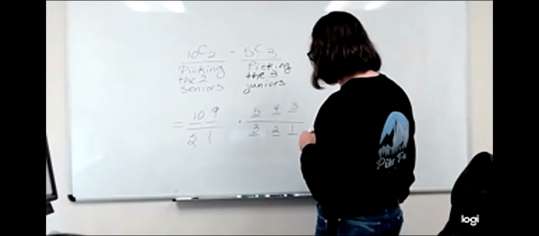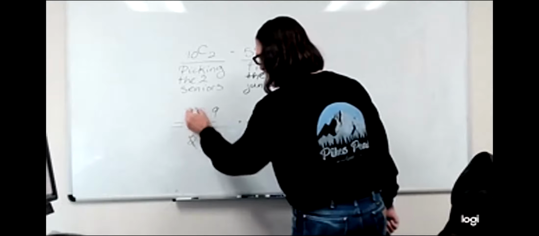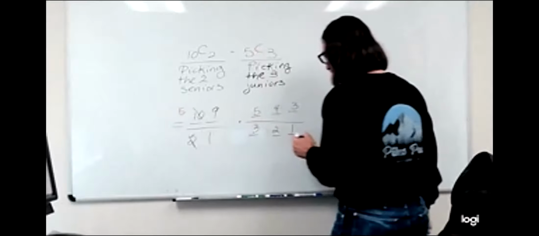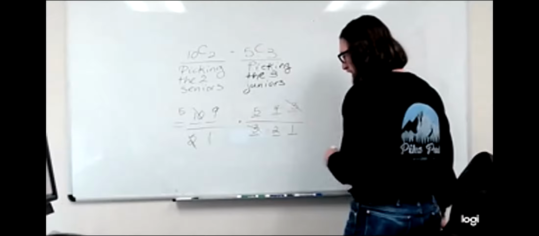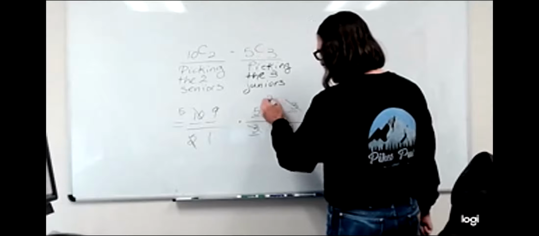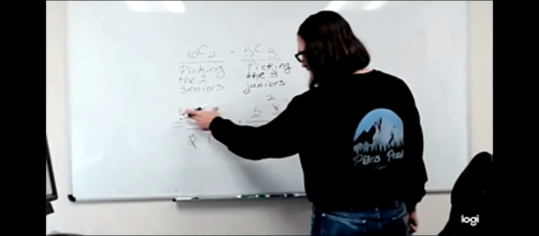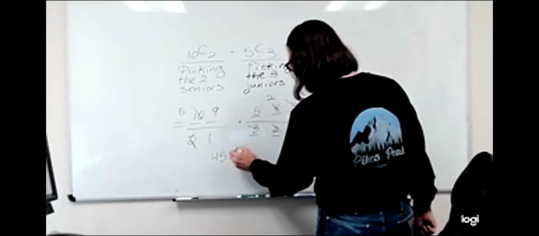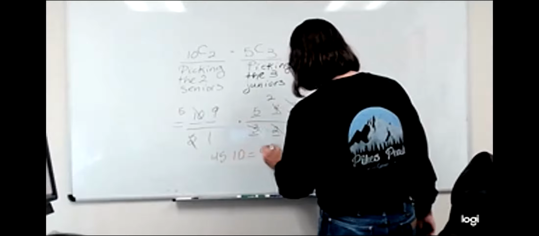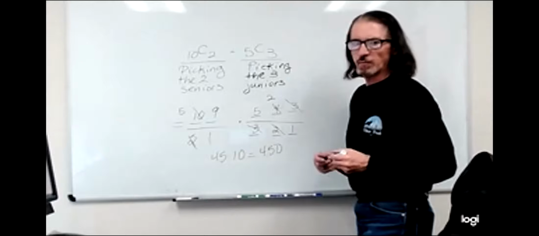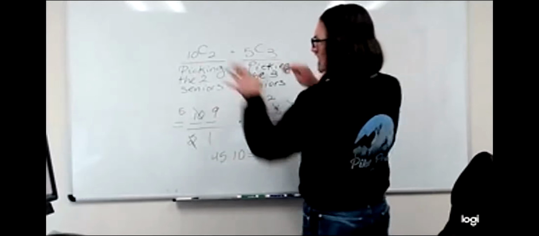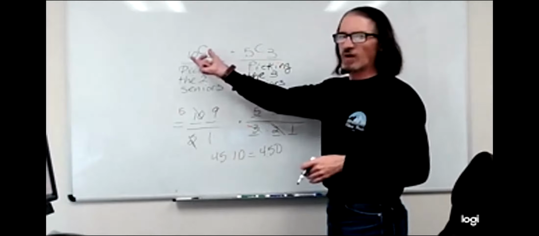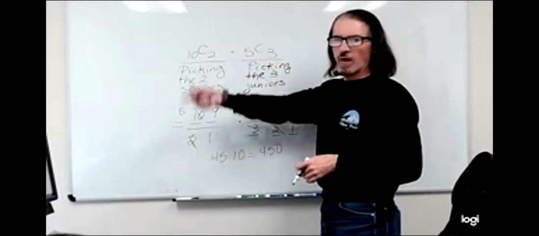Some reducing. Well, 2 into 10 5 times. Cancel the 3s. 2 into 4 twice. So I've got 5 times 9 is 45 times 10. Coming up with 450.